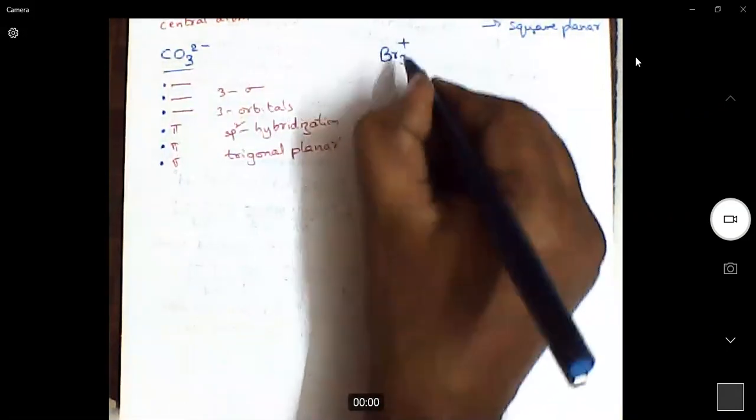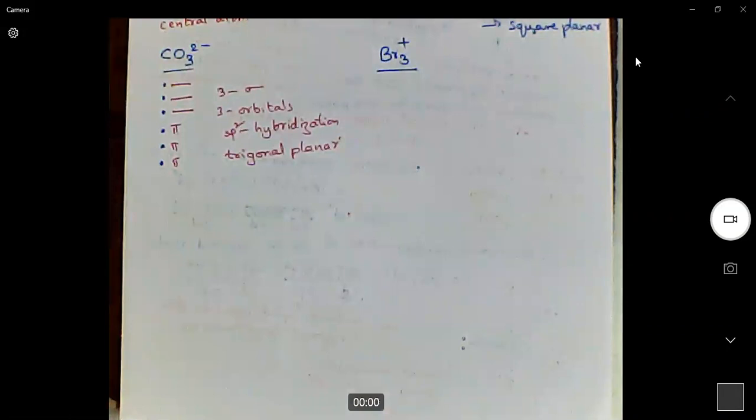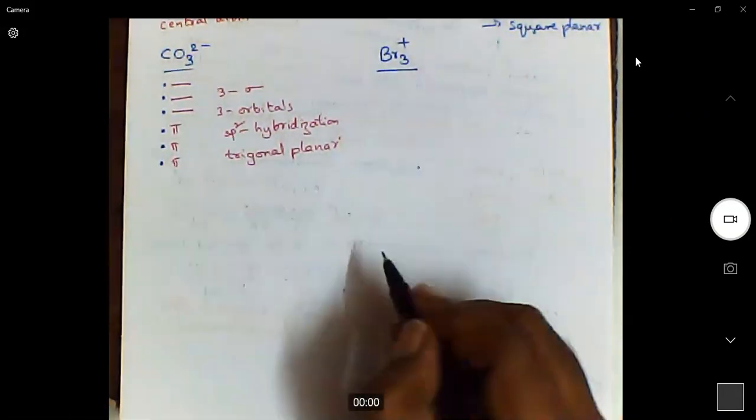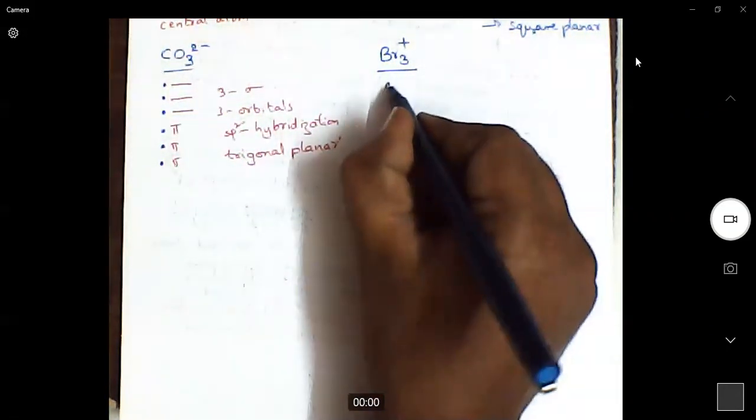We will consider a similar example, Br3 plus, where out of the 3 bromine atoms, 1 bromine atom is the central atom, and 2 bromine atoms are bonded to the central bromine atom. Now, how many valency electrons are there in bromine? Bromine is a halogen, which is a 7th group element.